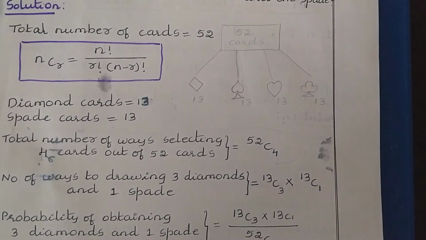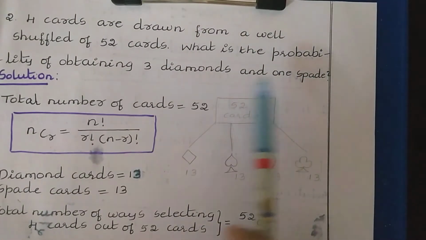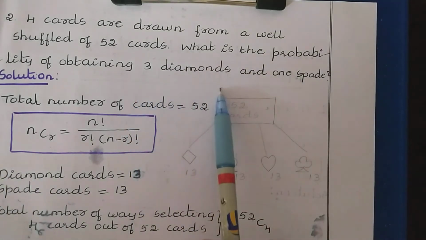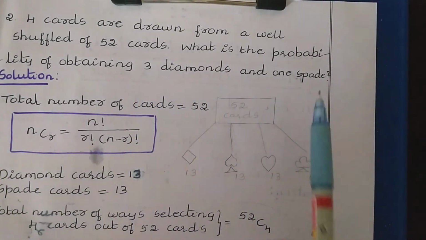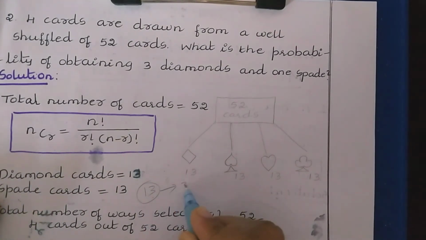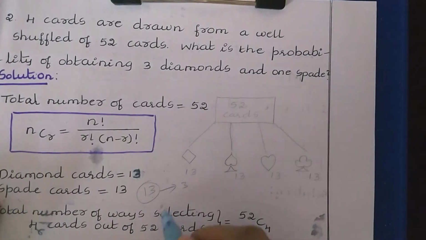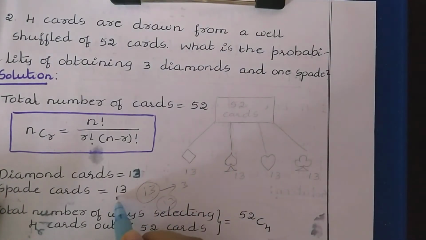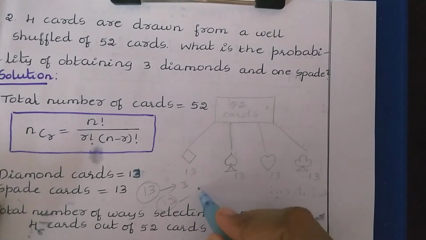Next, in the question, they have asked us to find the probability of obtaining 3 diamonds and 1 spade. See, totally here we have 13 diamonds. From that we need 3 diamonds. Then totally we have here 13 spades. From that we need 1 spade.